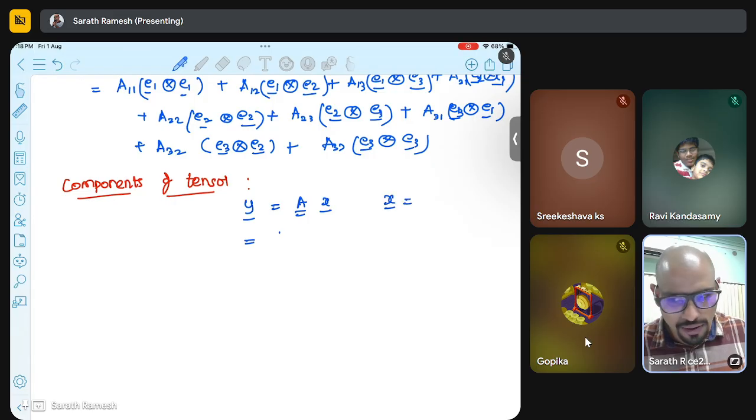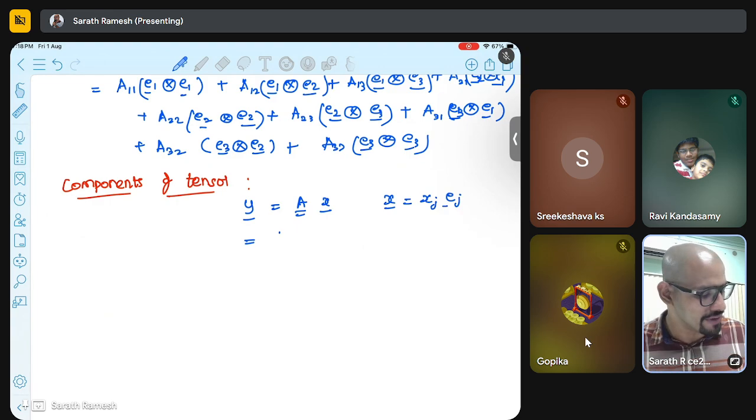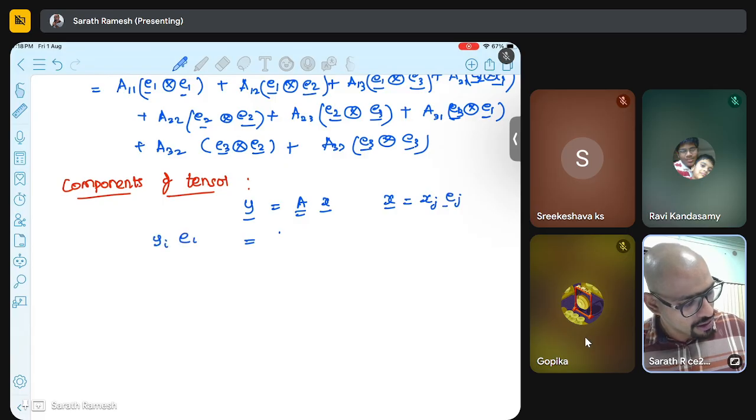How will we write the x vector? Let's take x_j e_j, because j is a dummy index, so x1 e1 plus x2 e2 plus x3 e3. Shortly we can write x_j e_j. Now I can write y_i e_i is equal to A times x_j e_j.